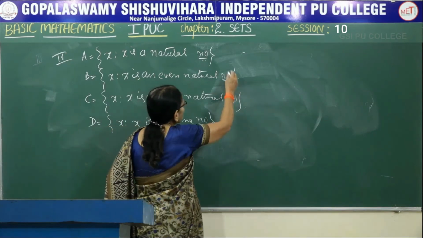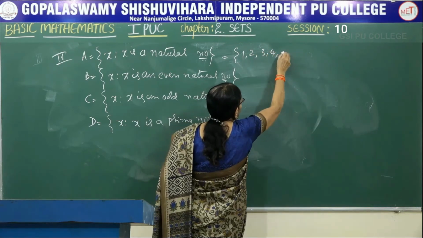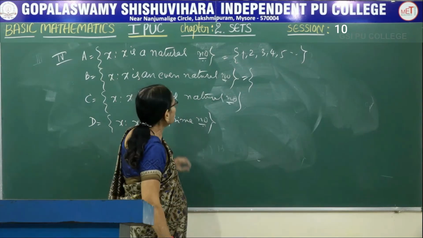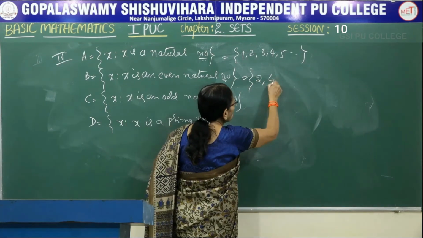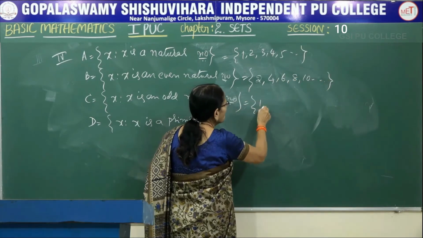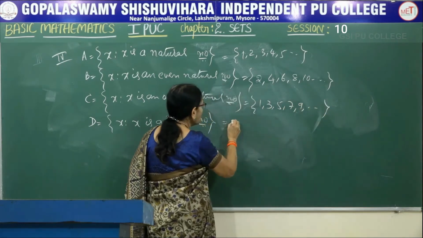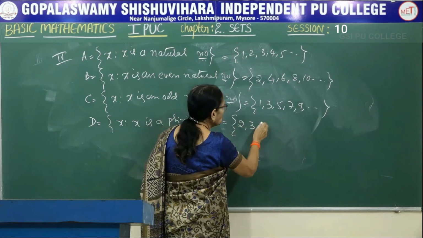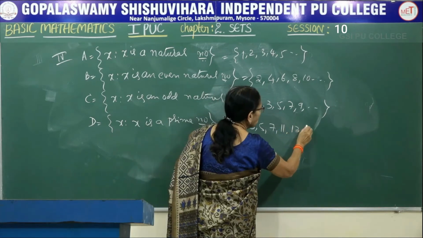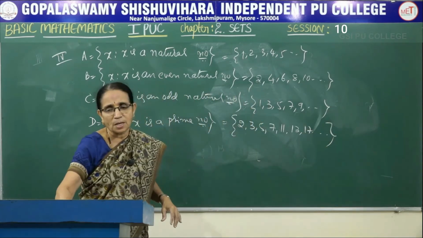The first set, natural numbers, means the elements are 1, 2, 3, 4, 5, etc. Even natural numbers means 2, 4, 6, 8, 10, etc. Odd numbers are 1, 3, 5, 7, 9, etc. Prime numbers are 2, 3, 5, 7, then 11, 13, 17, etc. You observe all of them are infinite sets here, not finite sets.